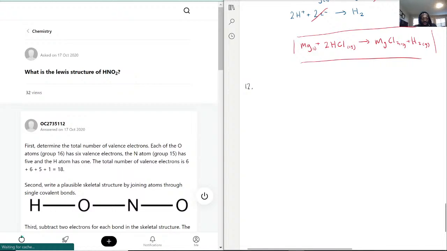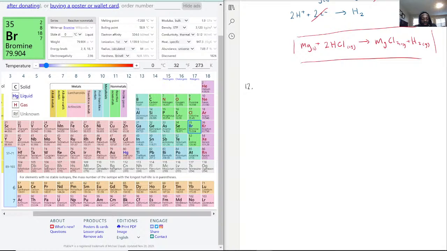What is the Lewis structure of HNO2? Interesting. So typically for this, I usually like to put the lone nitrogen in the middle, but let's see if I can actually fill out every requirement here.